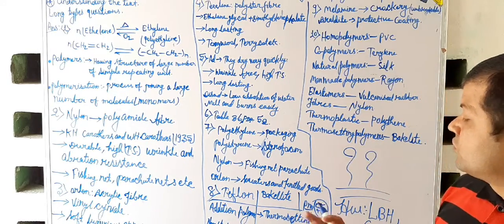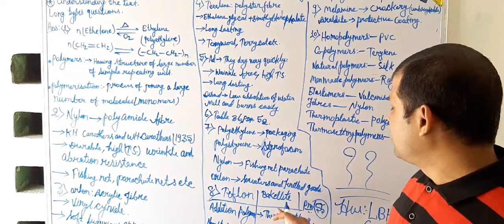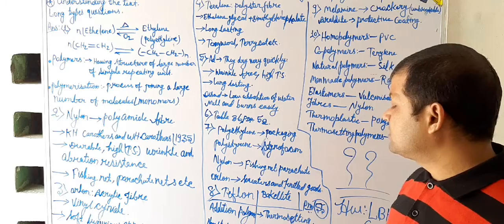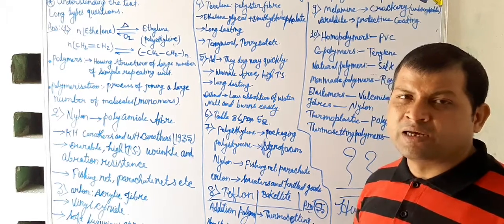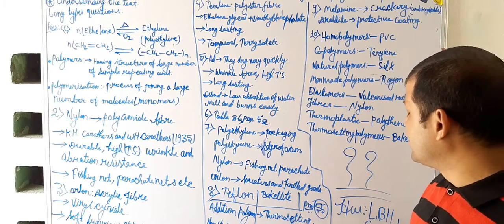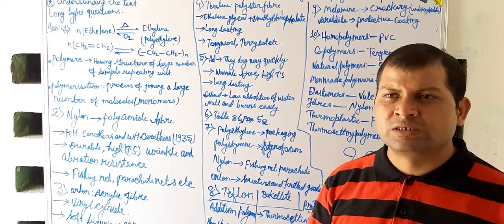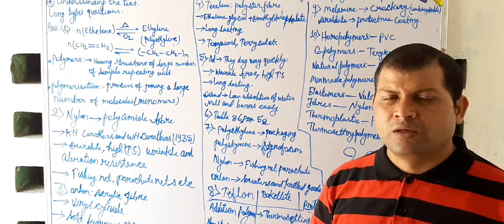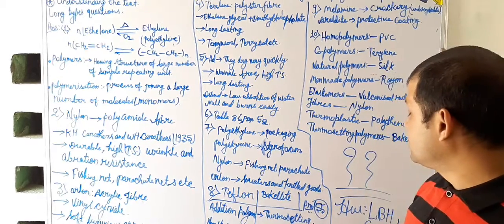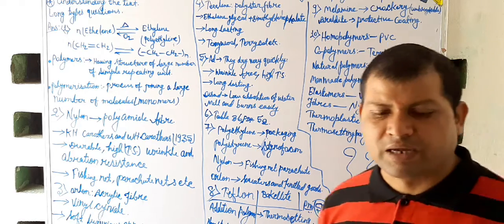Teflon and bakelite are two more important polymers. Teflon is an addition polymer, and bakelite is a thermosetting polymer. Teflon is used in making non-stick cookware, and bakelite is used in making gear wheels because it has cross-links, so its melting point and thermal withstanding capacity is high. So these are the differences between Teflon and bakelite.